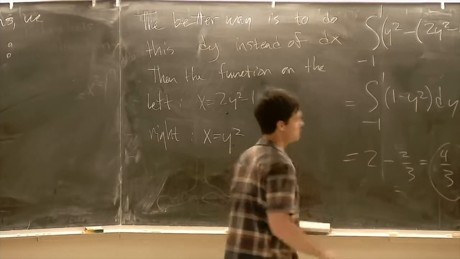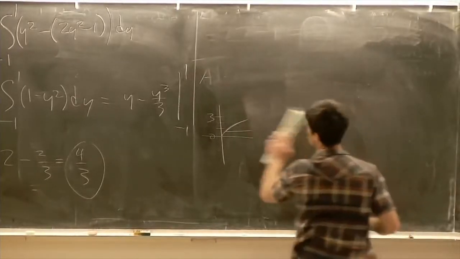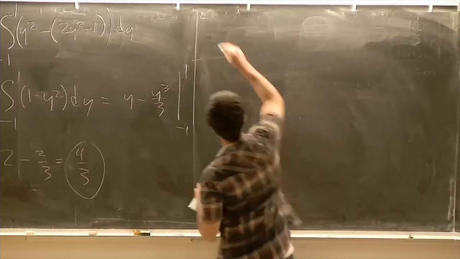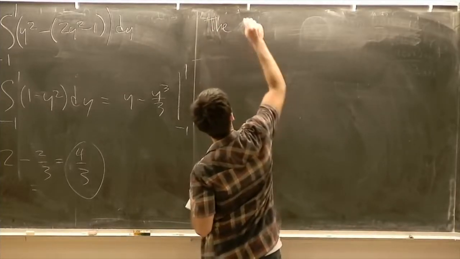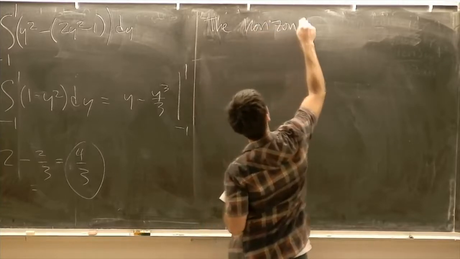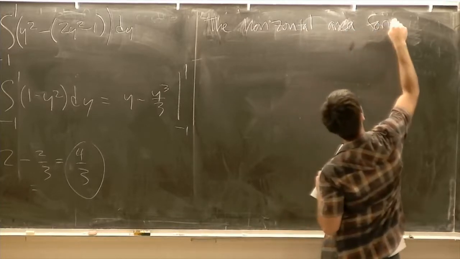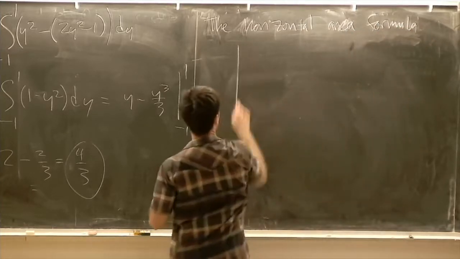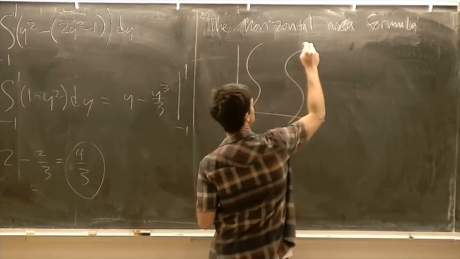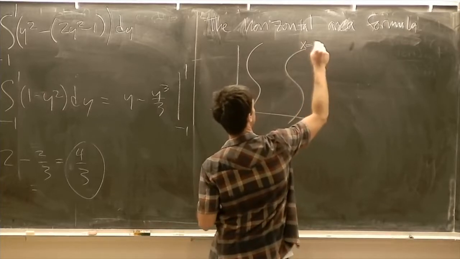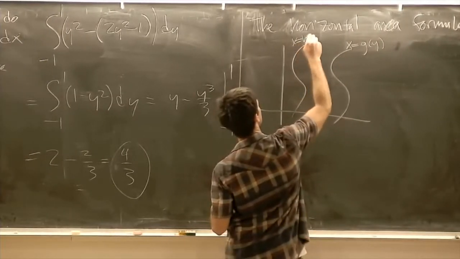Let me write down the formula for areas between curves, for integrals in terms of y. So this is for the case when you've got two curves. Let's say x equals g of y and x equals h of y.